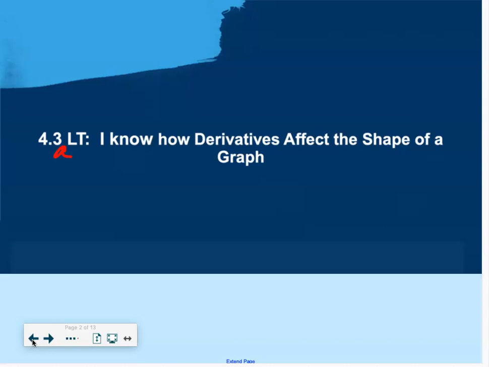So we split it in half, but even splitting it in half, it's still a big, big lesson today. Tomorrow's lesson isn't as bad. It's a little bit shorter, which is good because tomorrow is Thursday. It's a short day. So 4.3a, I know how derivatives affect the shape of a graph.